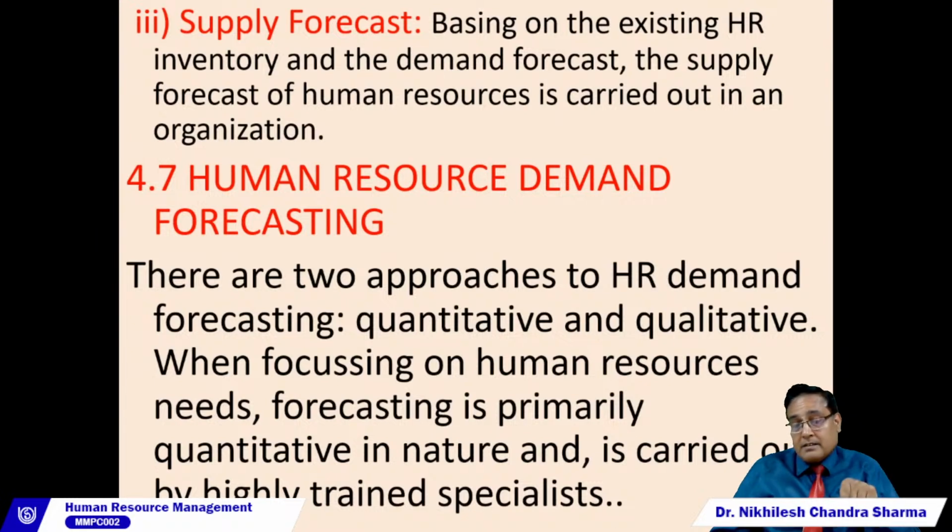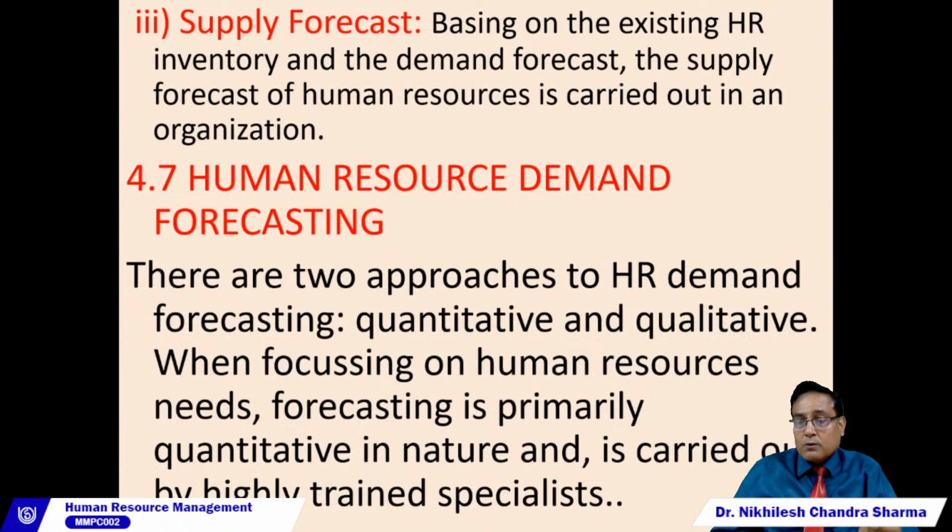You must know about the quantitative approach: when numbers are required, we are working only with numbers. What are the quantity? What are the weightage? What are the numbers? This forecasting clearly depends upon, or indicates, the numbers.